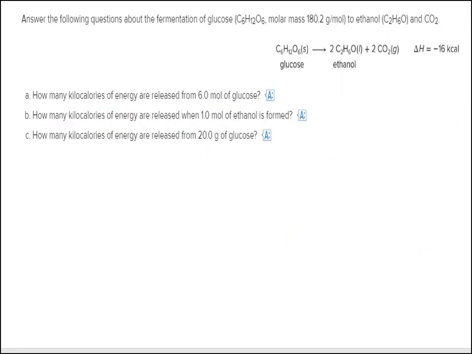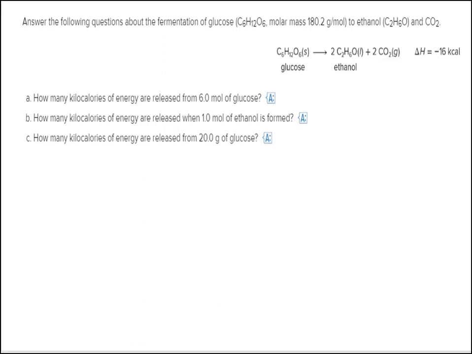All right, we have 3 more to go, looking at the fermentation of glucose. So we have glucose. All right, let's look at these glucose questions here. How many kilocalories of energy are released from 6 moles of glucose? So this is my glucose here. I've got C6H12O6.